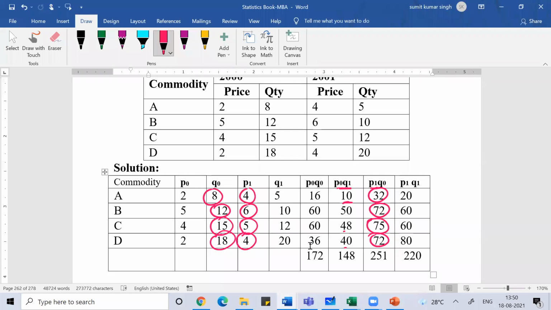Do the sum, 251. Simple. The sum of this is 172. The sum of this is 148. Do the sum.